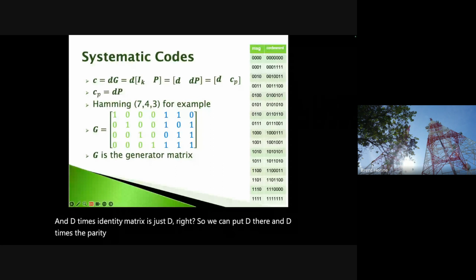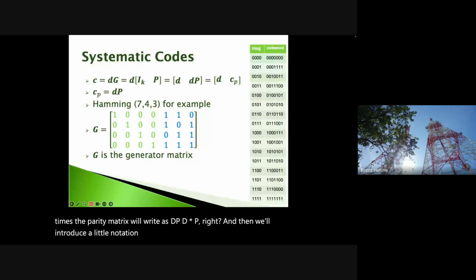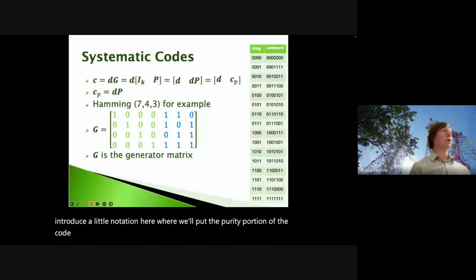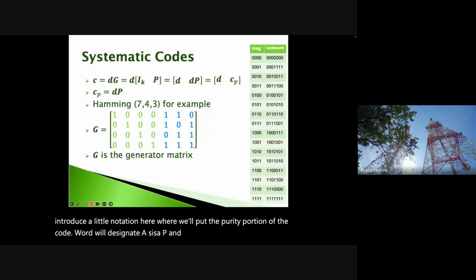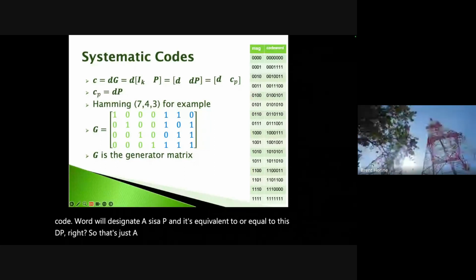And then we'll introduce a little notation here where we'll designate the parity portion of the code word as C sub P, and it's equal to this DP, right? So that's just a notation change there.